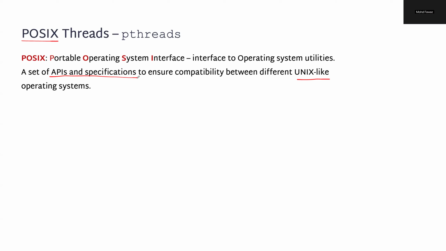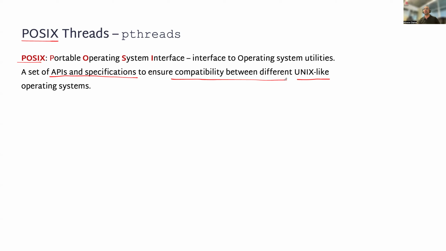Because in the beginning of Unix systems, you could have different Unix versions, and those Unix versions had different APIs, for example, for system calls, creating threads, memory management, and things like that. And this POSIX, which stands for Portable Operating System Interface, was an API that was designed and introduced, I think, by IEEE to ensure compatibility between different Unix-like operating systems, right?